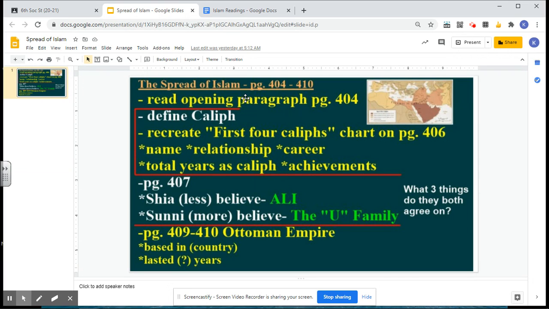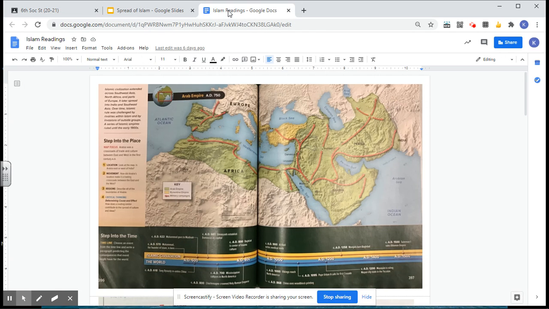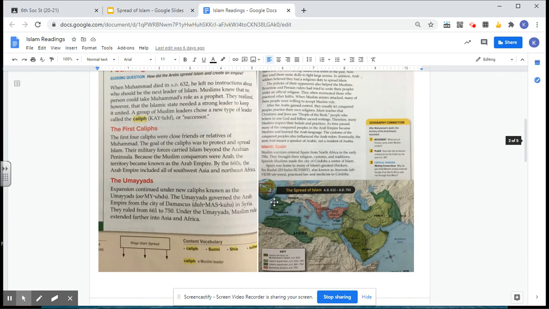So we've read the opening paragraph, we defined caliph, and we've gone through this first four caliphs chart. What's going on here with 407 is something we can talk about pretty quick, but I just want to make sure that you all have it figured out all the way through. I said that page 407 is the go-to for this, and I'll scroll down.